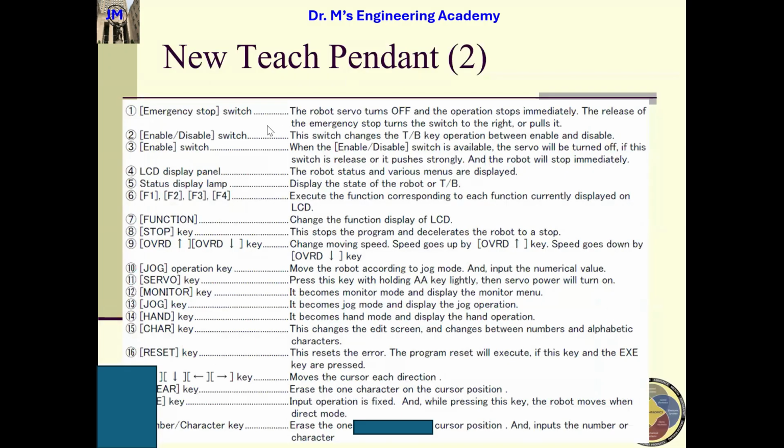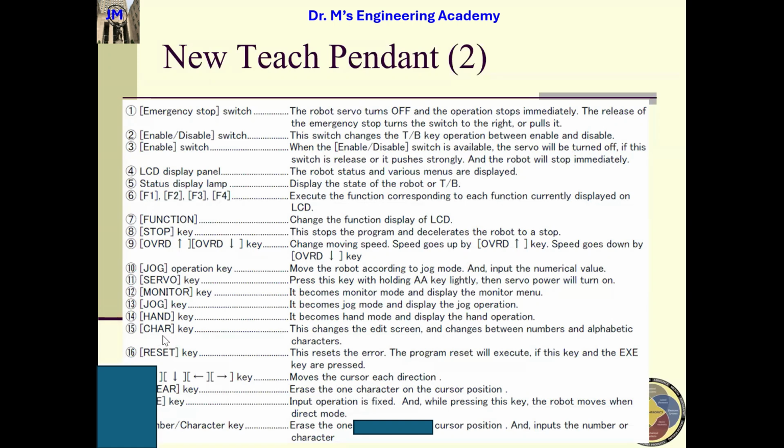So here is the new teach pendant, and there are a lot of things, and you just take a look. What I want you guys to know is that we will work on the jog. Jog means walking. Here is the jog, servo, turn on the servo, and the jog key, and the hand key. CHAR is the character key.